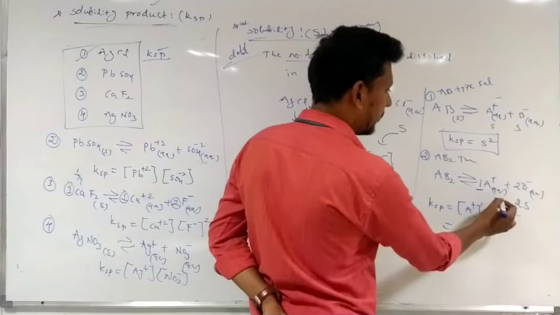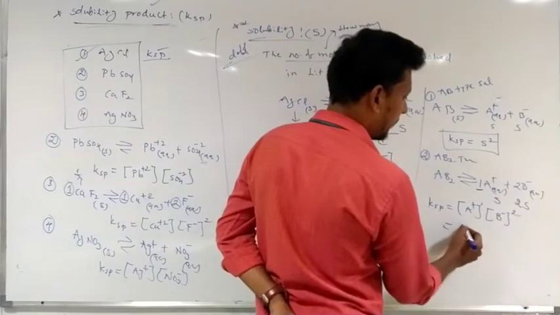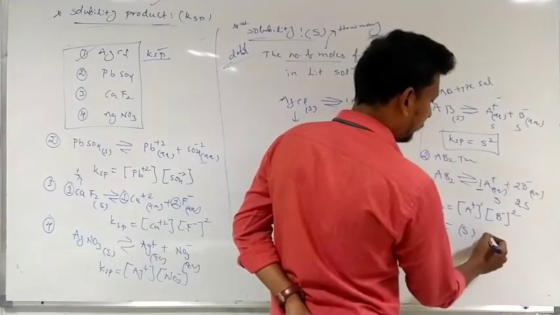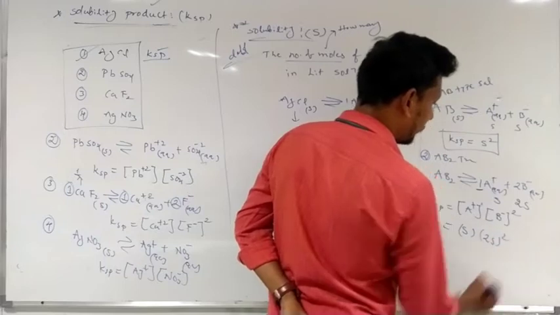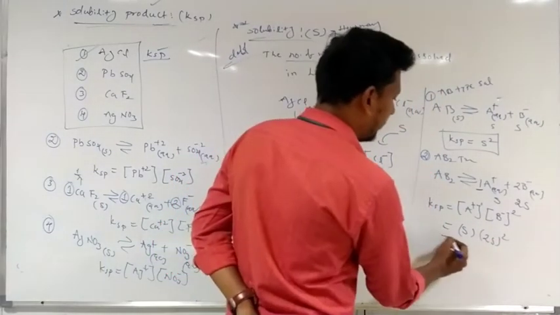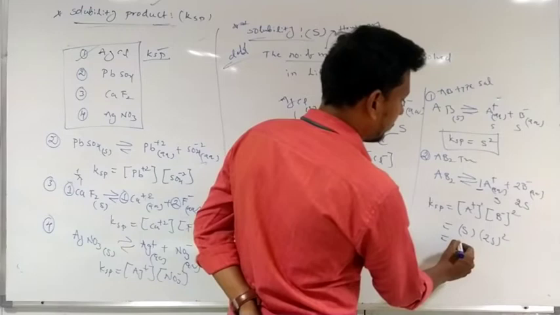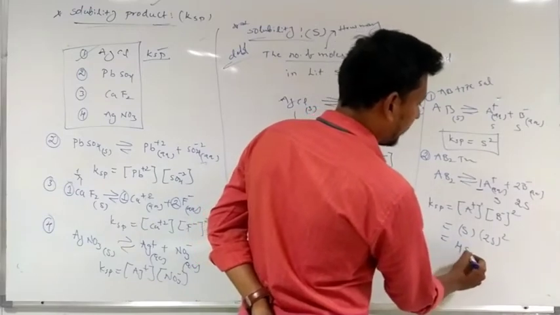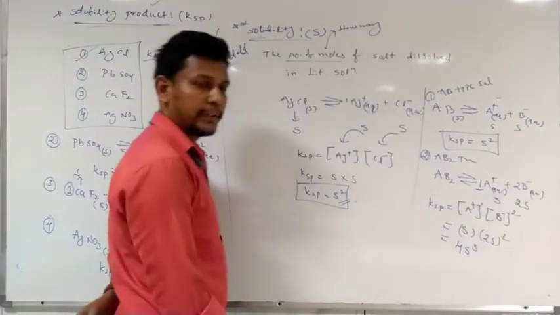Substituting the values, S into 2S whole squared, and after solving we get 4S cube.